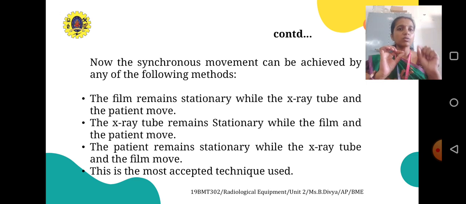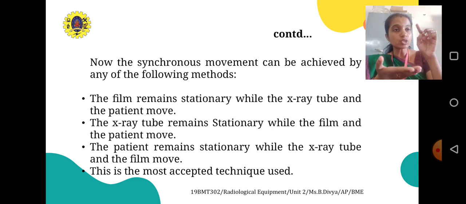CT is all about moving: the patient will be moving, or the X-ray detector and sender will be rotating, right? Here, the film remains stationary while the X-ray tube and the patient move.